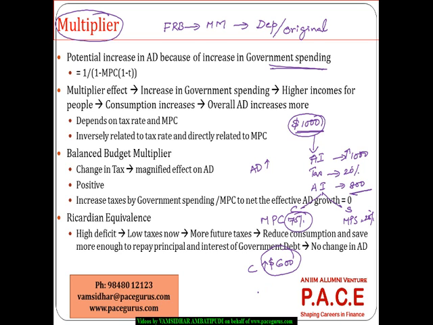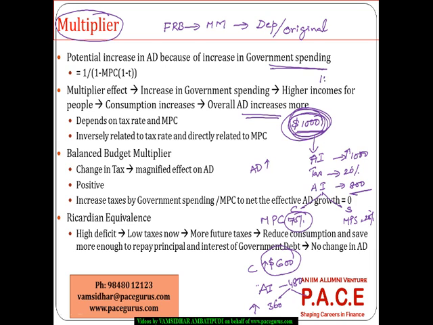So let's say the 20% tax he has paid, he is left with income of 480, and again assuming 75%, he can very well consume 360. So his consumption is again up by 360, which is resulting in the overall aggregate demand increasing much more than 1,000. And that is what we are calling the multiplier.